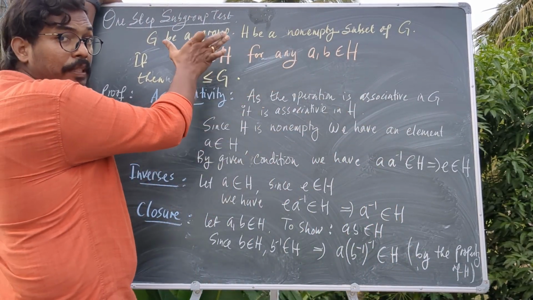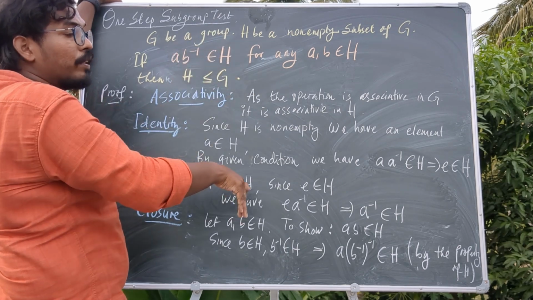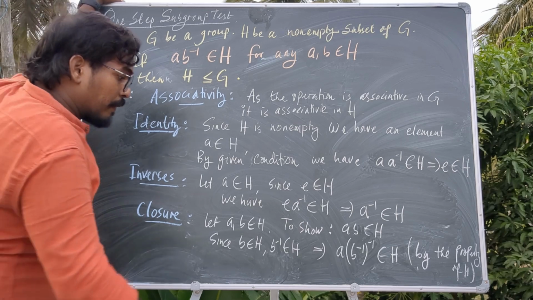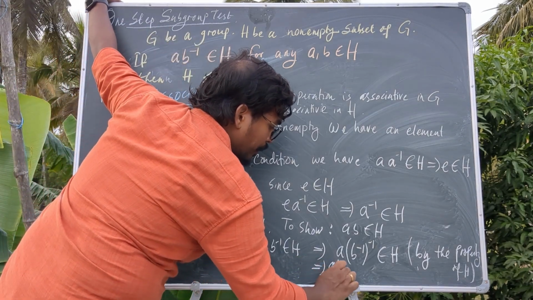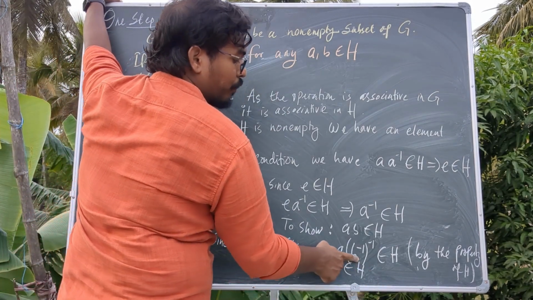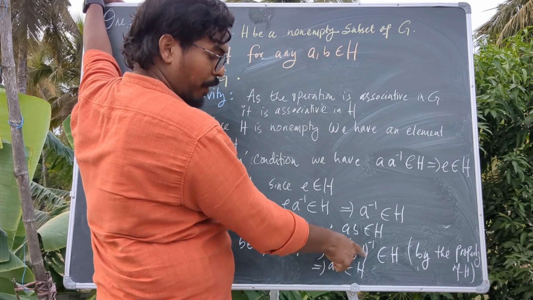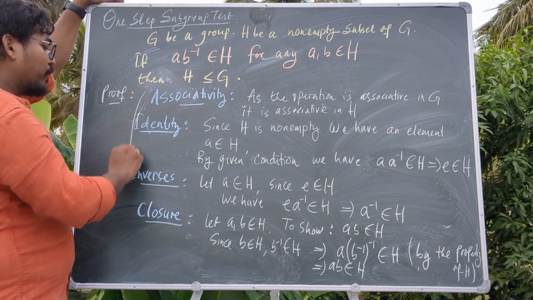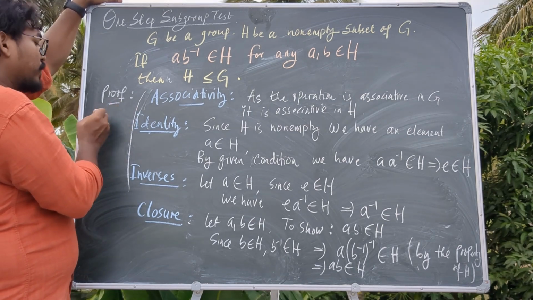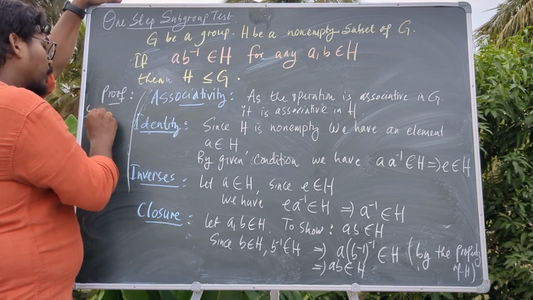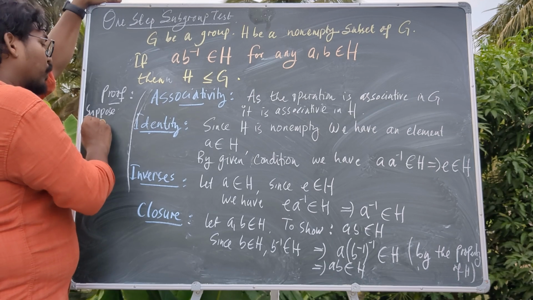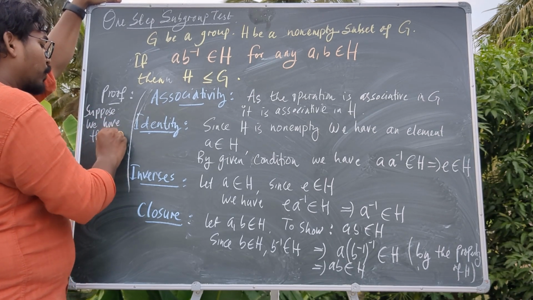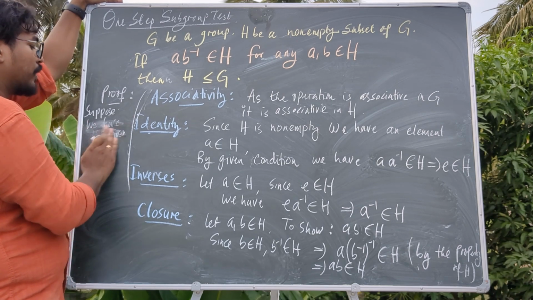H has this property, and we are showing that H satisfies all four group axioms, and that implies AB is in H, because the inverse of the inverse of B is the same element. We are starting from the given property.